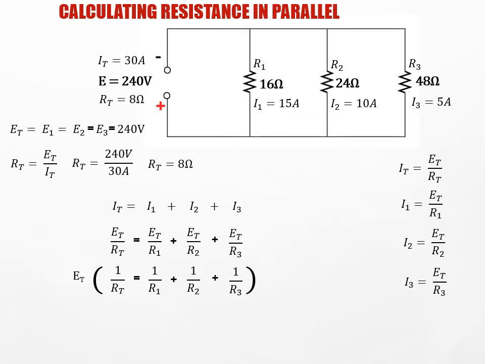Or if you factor it out a different way, the ETs will cancel themselves out, and you'll simply end up with 1 over RT is equal to 1 over R1 plus 1 over R2 plus 1 over R3. This allows us to calculate the total resistance using only the ohmic values.